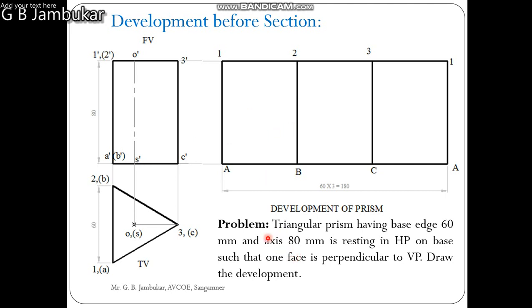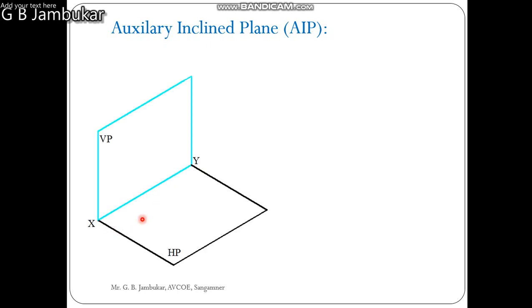Now we consider the next part of the problem, which is the auxiliary inclined plane. Now this solid is cut by an auxiliary inclined plane. Here we are going to learn what the auxiliary inclined plane is. We know that the horizontal plane and vertical plane are mutually perpendicular to each other. The line of intersection is called the reference line, denoted by XY.